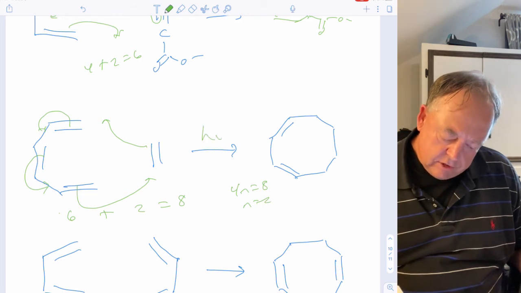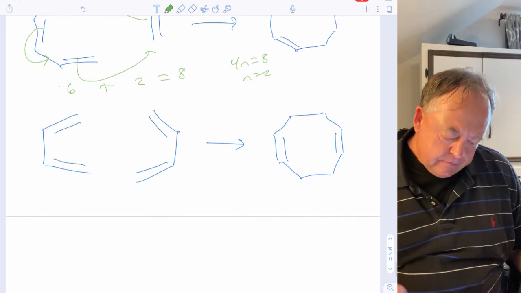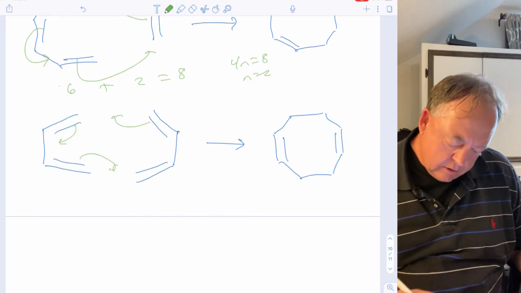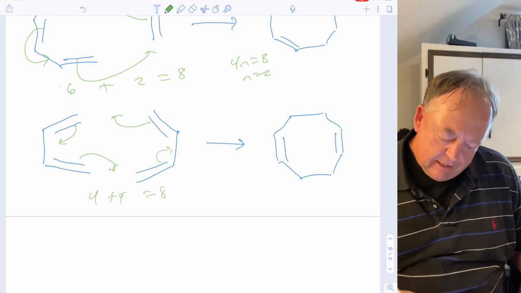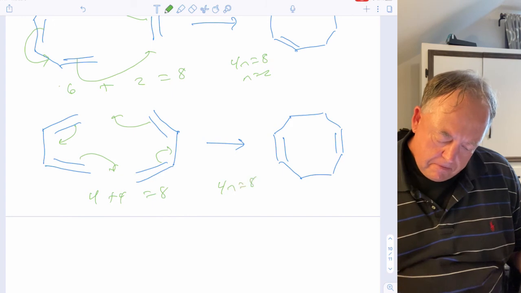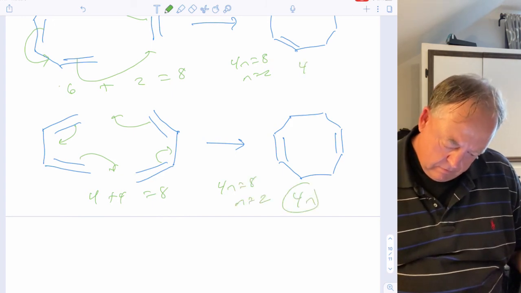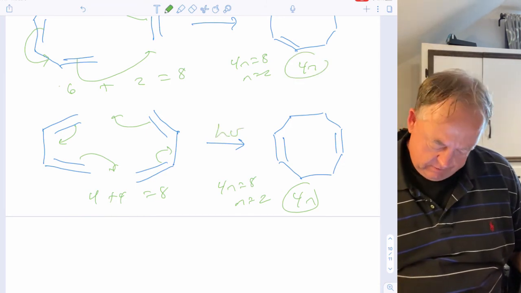So this reaction requires light to work. And this one, so if those go there, those there, those there, those there, then that's a 4 plus 4, is 8 electrons. So this is a 4n system. So this reaction would require light as well to work.